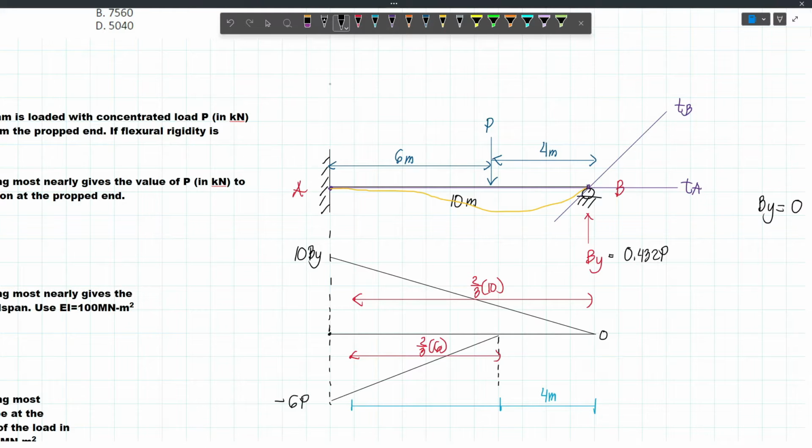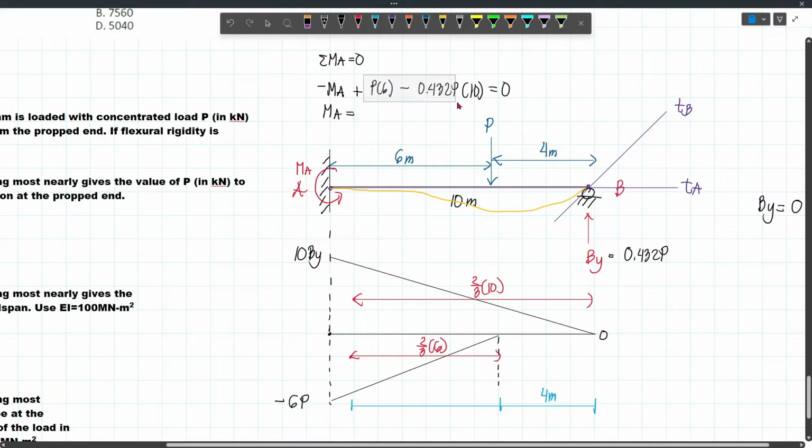Now, let's take moments about A. Now, let's just assume na counterclockwise ang MA. And so, may mo ni siyang negative MA and then plus P times 6 and then minus kani siya 0.432p multiplied by 10. So 0.432p multiplied by 10 and then set nato to 0. And then ang kani siyang MA pwede nato i-move nato sa right. So may mo ni siyang MA is equal to input ni sa calculators.